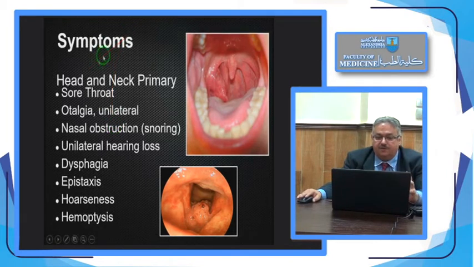So those are the very famous symptoms of head and neck cancer. If your patient is suffering from head and neck primary squamous cell carcinoma: sore throat, otalgia if it is unilateral, nasal obstruction, unilateral hearing loss, dysphagia, epistaxis, hoarseness of voice, and hemoptysis.